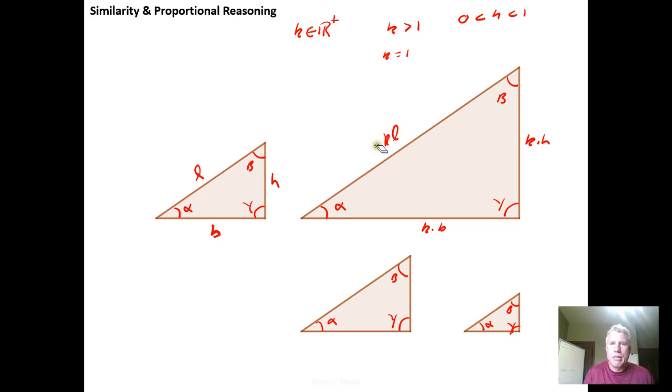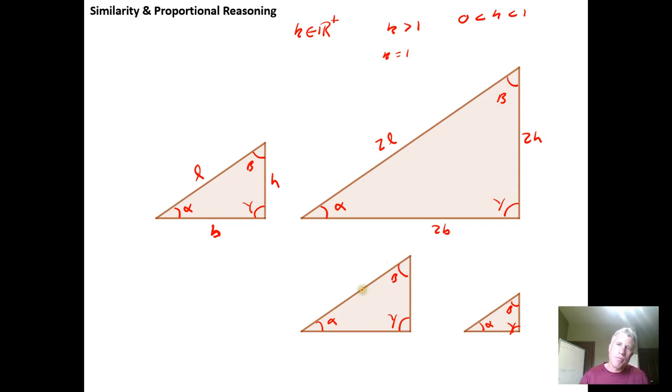So in this particular example, I actually constructed this larger triangle so that it's twice the size of this one. So that means if we have length measures L, H, and B, the length measures on this have to be twice L, twice H, and twice B. And I constructed this triangle so that it was identically sized with the original one.